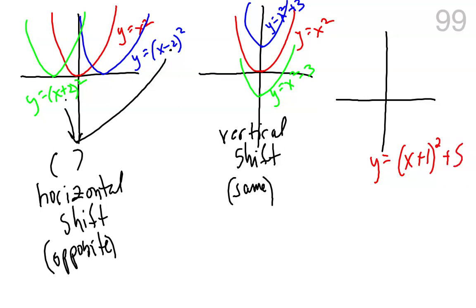All I need to do is go, this is horizontal shift right here, I'm going to go left 1. What's the vertical shift? Up 5. And then draw my parabola. So there's y equals x plus 1 squared plus 5. So that's putting the two ideas together, a horizontal and a vertical shift.